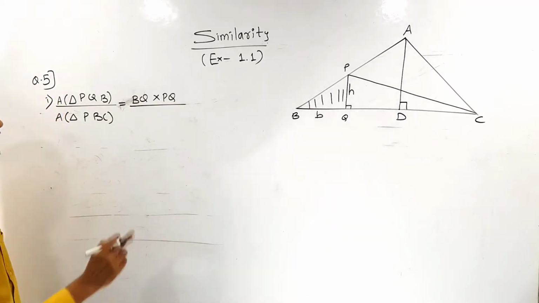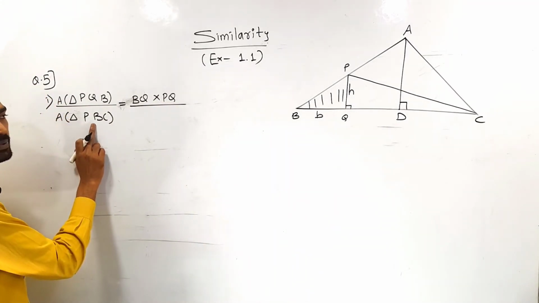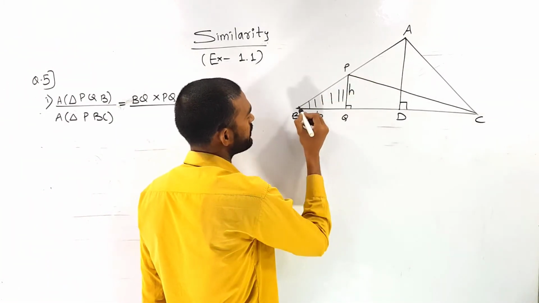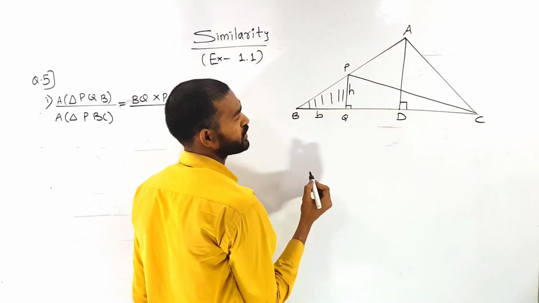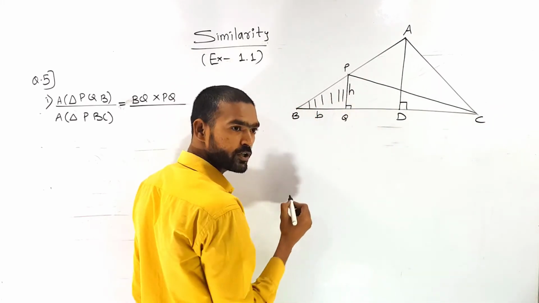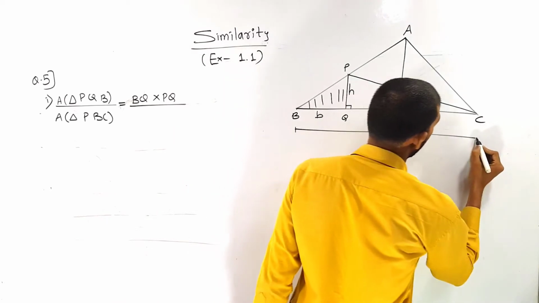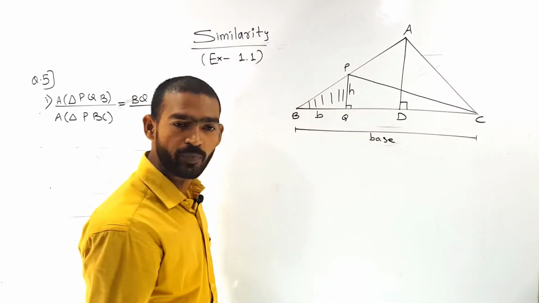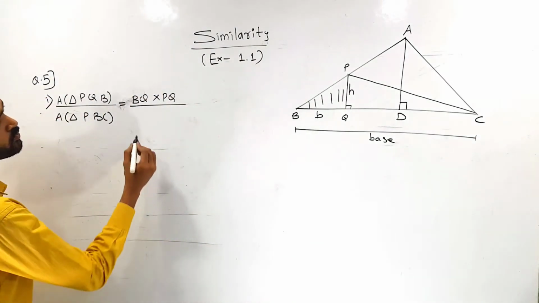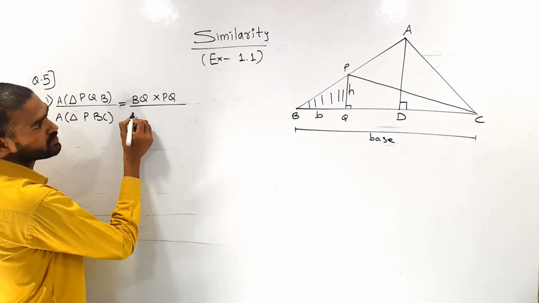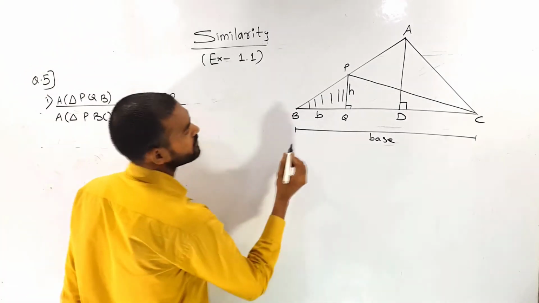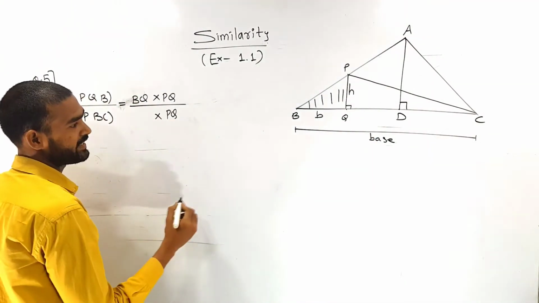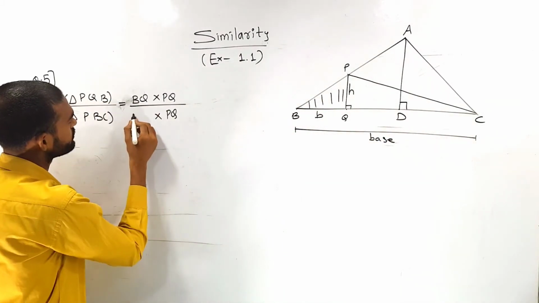Right, students? Another triangle, PBC. Here, what is my height? My height is PQ. What about the base? This BC is my base. So I will write my height first and then my base. PQ is height and the base is BC.